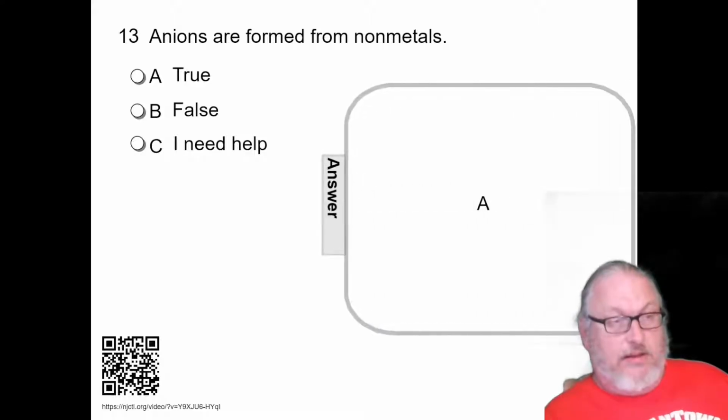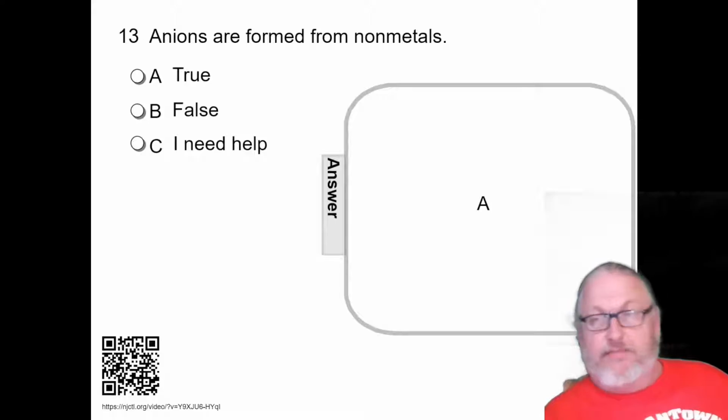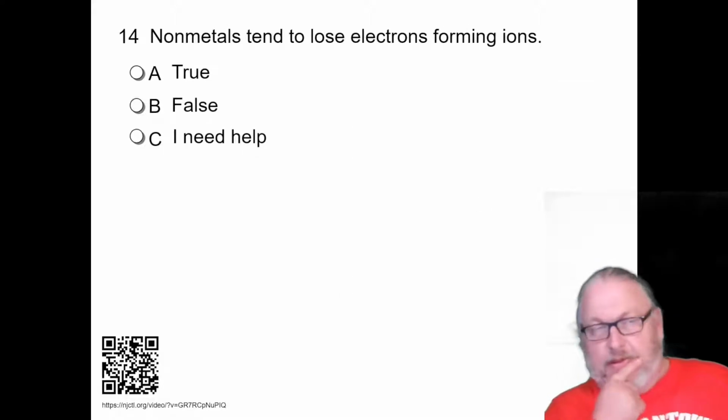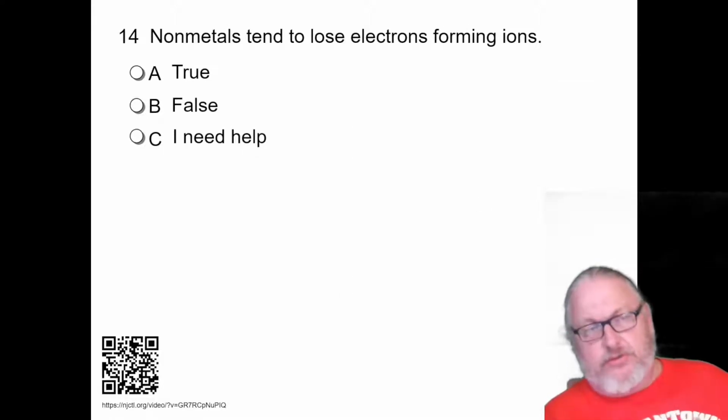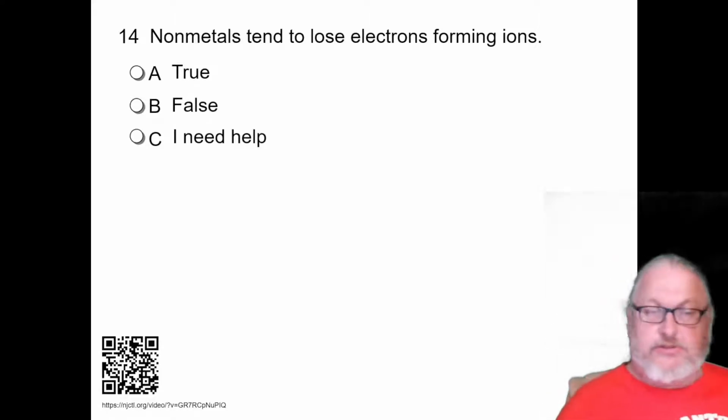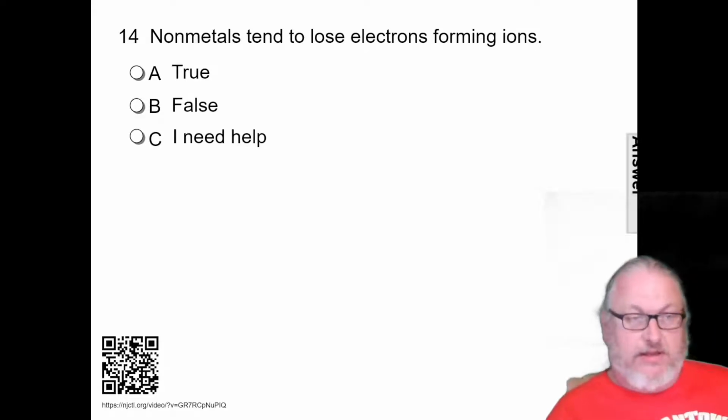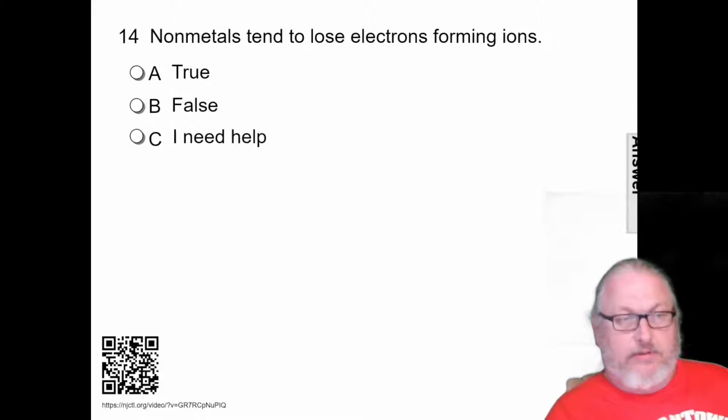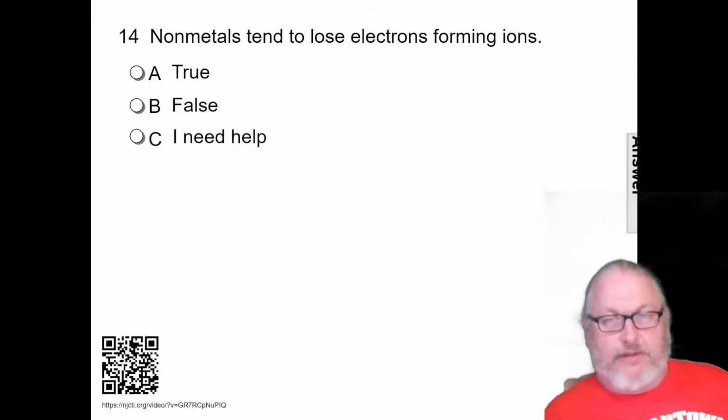And true, rather. Non-metals tend to lose electrons, forming ions. True or false? Take a moment, and of course the answer is false. I didn't go all the way. There we go. Well, it's false.